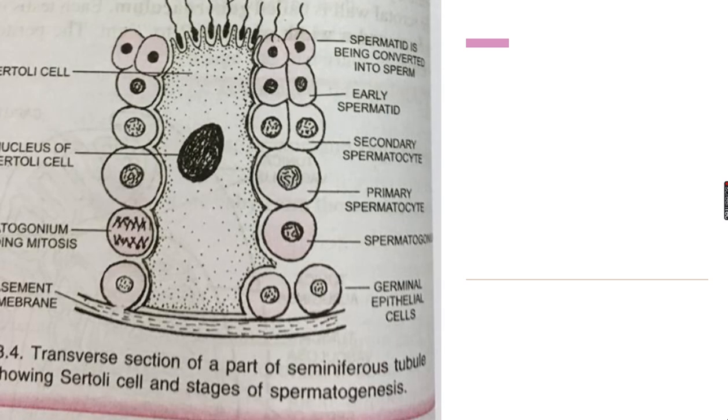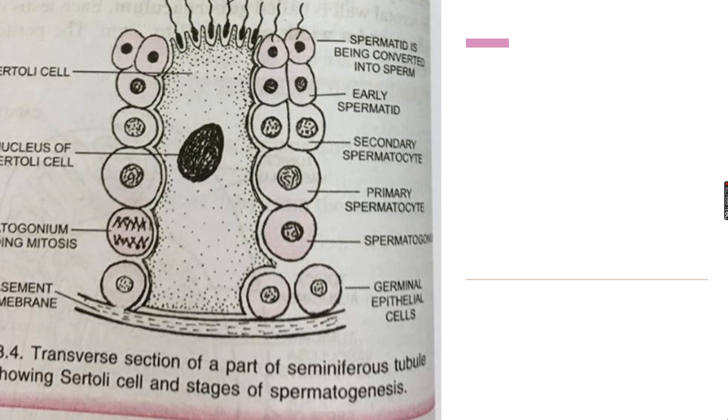This is again a part of the seminiferous tubules in which you can see the basement membrane, then the germinal epithelial cells. Germinal epithelium cells are cuboidal in nature, and they undergo mitosis to produce spermatogonia. Spermatogonia grow into primary spermatocytes which undergo meiosis. Meiosis converts a diploid cell into haploid cells.